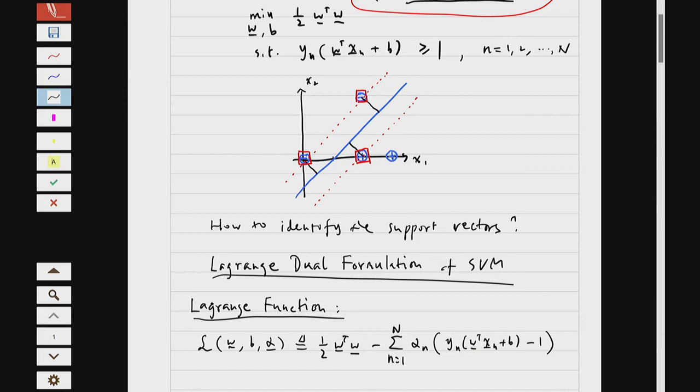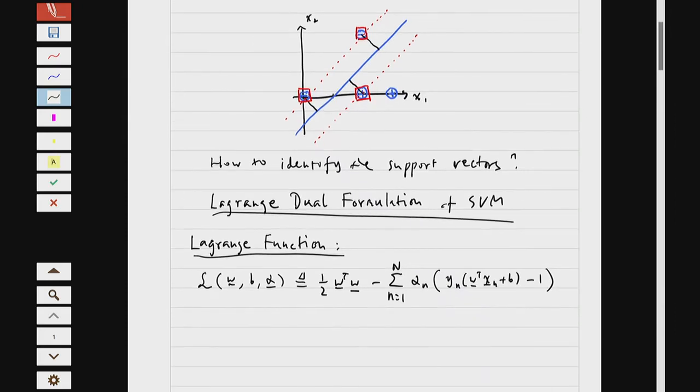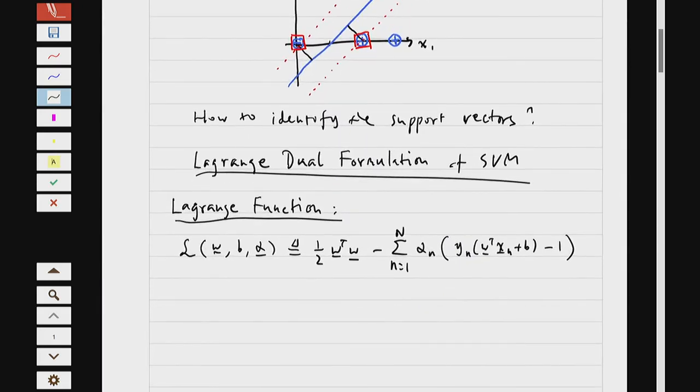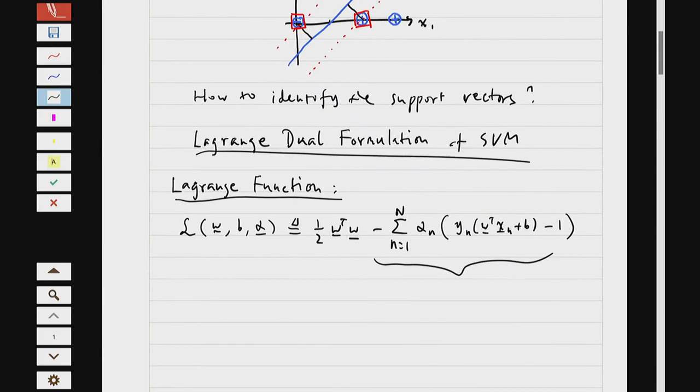Initially, you want to minimize this, right? Now we're adding something to it. It's a penalty to your original objective. So this is the penalty for constraint violation.